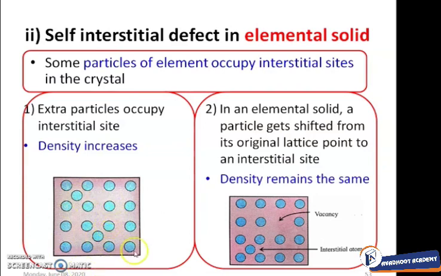There is no dislocation, and no missing particle from the lattice point. But here there is a dislocation, or a vacancy is created at one place, and the same dislocated particle occupies the interstitial site. In the second case, density remains the same because no extra particle enters the crystal. So this is about the self-interstitial defect in elemental solids.